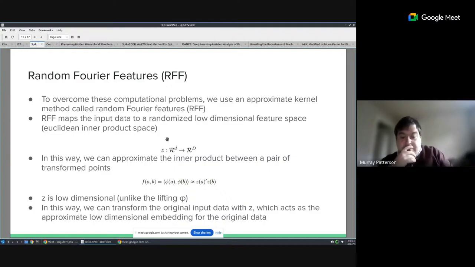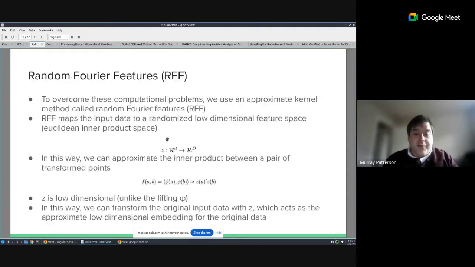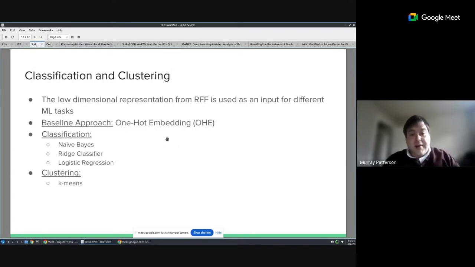So basically what we're doing is we're building the embedding and then casting it to this lower dimensional embedding, and then running the downstream methods on that, like k-means or k-modes and so forth, right? So that was the basic approach. RFF was really the one that allowed us to scale to that level.